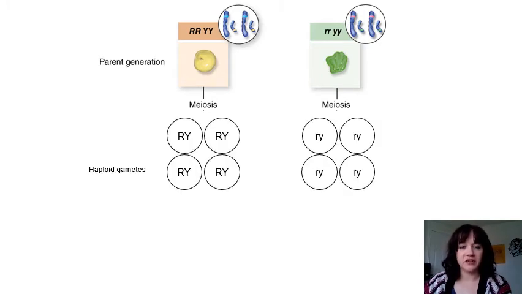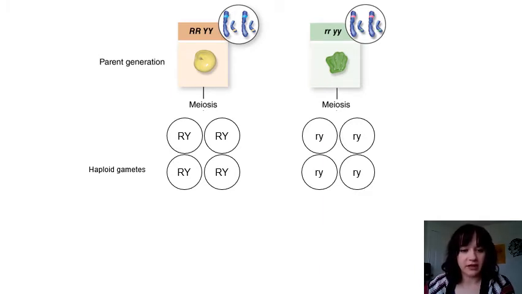When each of these individuals undergoes meiosis to produce haploid gametes, we don't see a lot of variety. If it's homozygous dominant for both traits, it's going to only produce gametes that are dominant for those traits. And same for the recessive. It only has recessive alleles, and so that's all that it can contribute to the gametes.